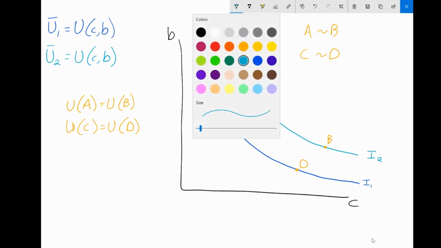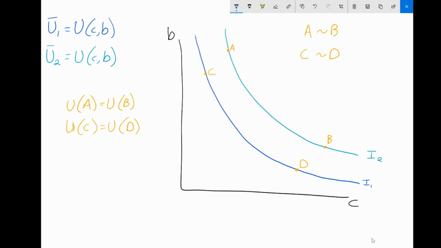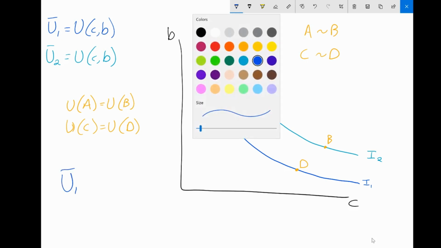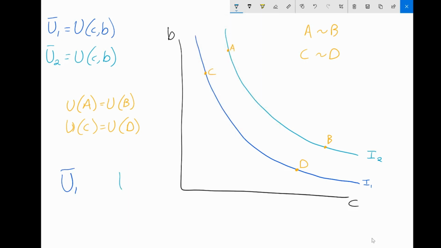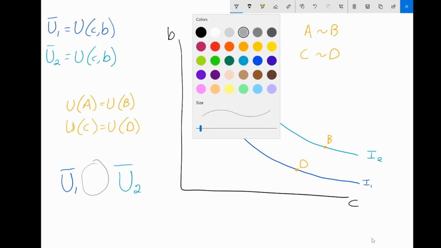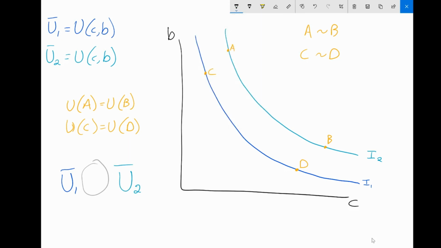Another way of putting it would be, what's larger, utility level U bar 1 or utility level U bar 2? Which one gives you more utility? Do agents get more utility from bundles on I1, or do they get more utility from bundles on I2?